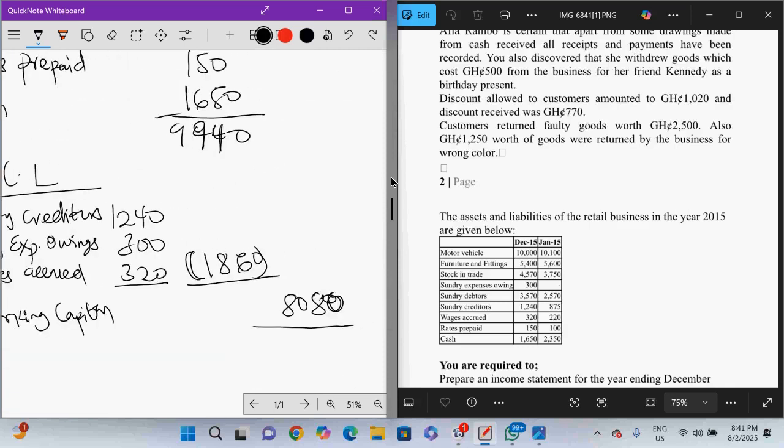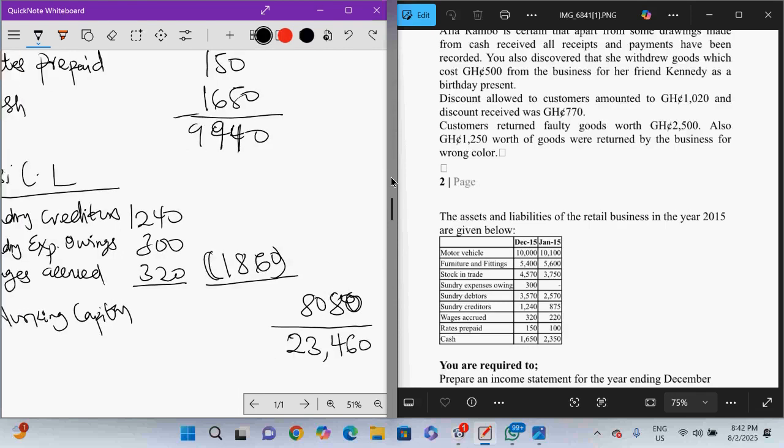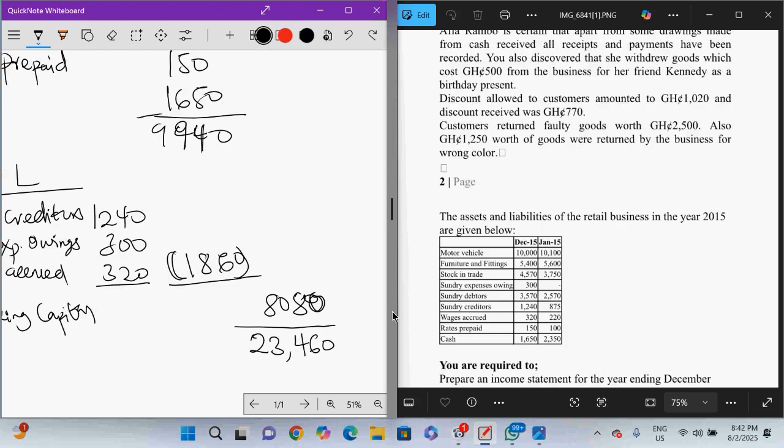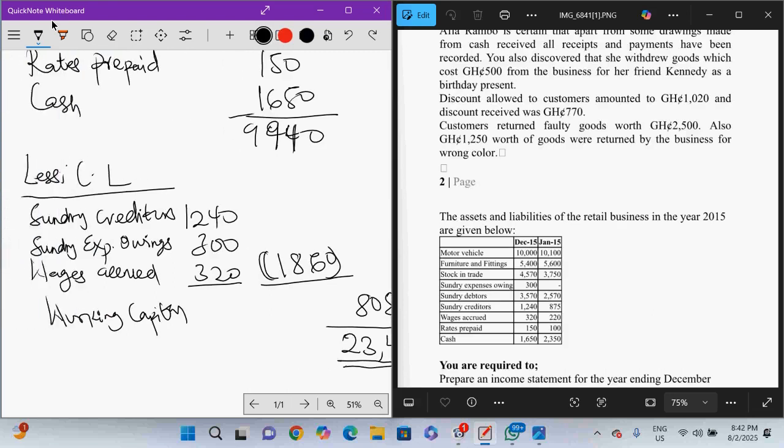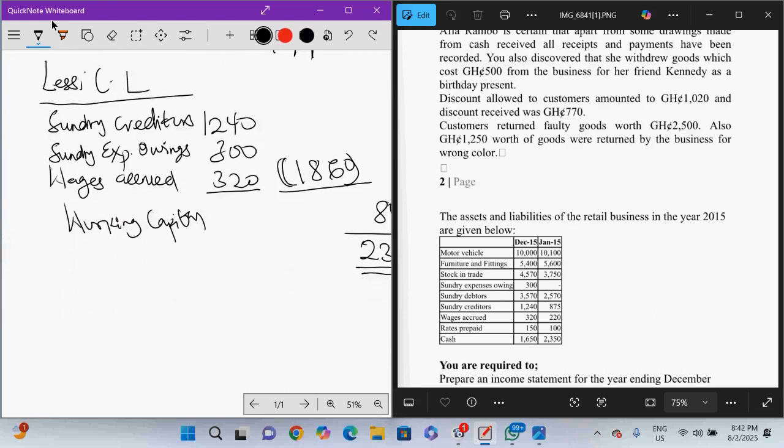What do you get? 23480. So this will be one of the balancing figures. This should be one of the balancing figures. So this will be our net asset.